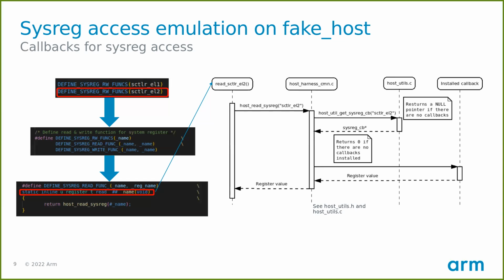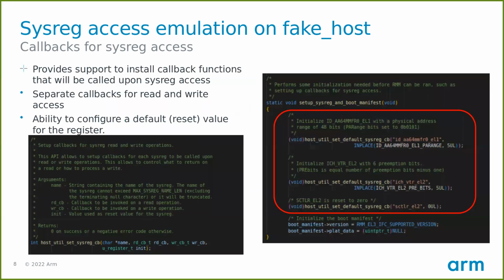So this utility library that implements the support to emulate the sysrec access on the fake host is part of the fake host. So it is always built. And then when you call this API here, host util set sysrec callback, you pass the name of the register you want to emulate, and you pass the callbacks and a value.